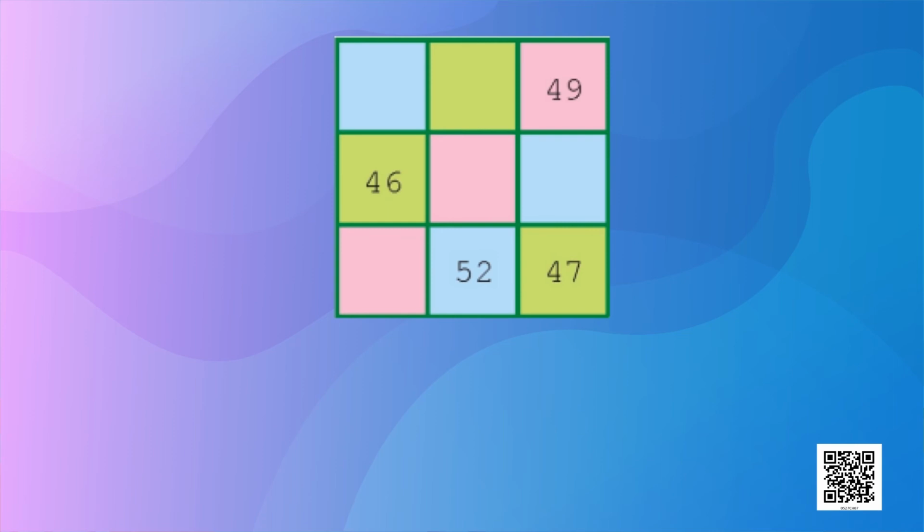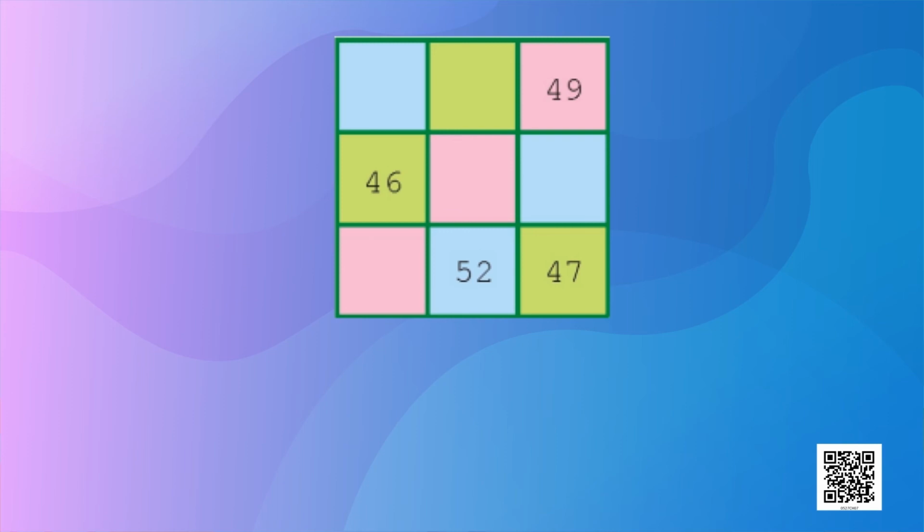And the last row has two numbers, 52 and 47. All these boxes, the blue, green, pink, blue. Look at the pattern. These are not filled. So we have to put the numbers and fill them with the rule that the total in each line is 150. So what will you do?